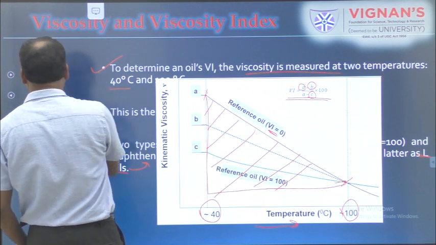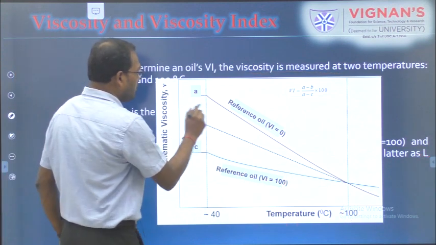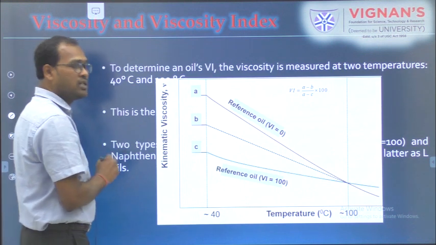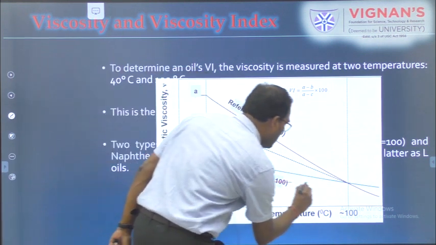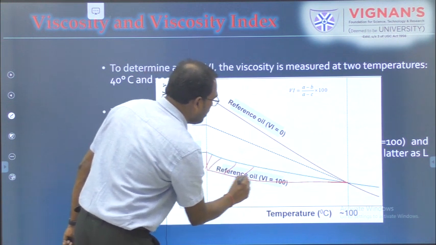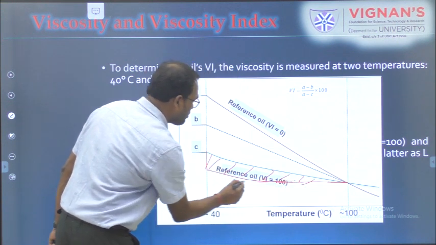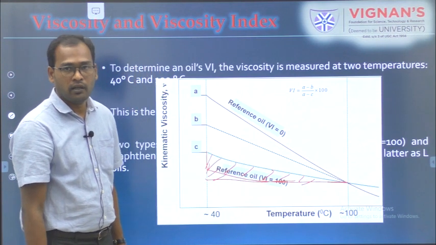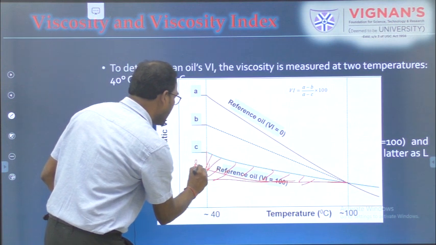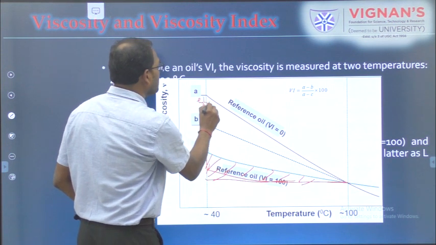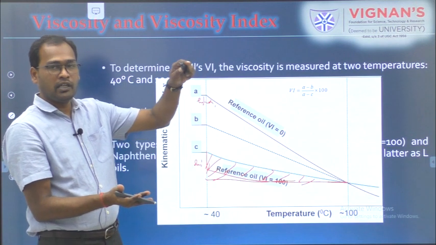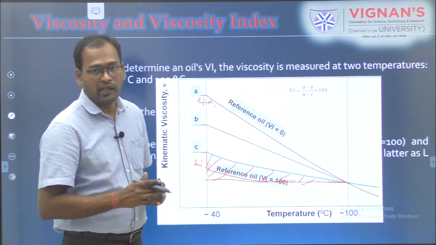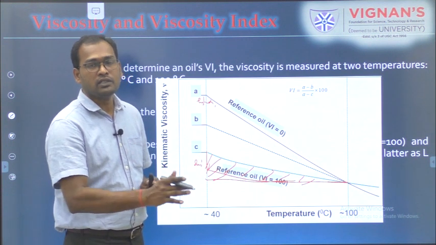Whereas for your oil with a high viscosity index, there is only a small change. So, this has very little change and this has very high change. These extreme cases are compared with your test liquid, and the number we get gives you the viscosity index.